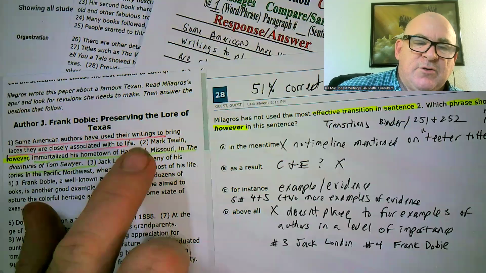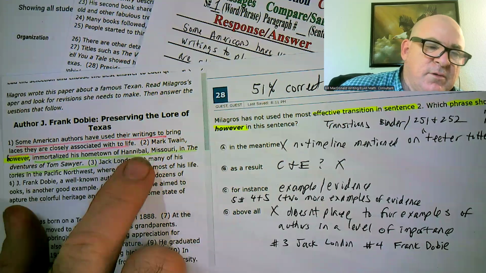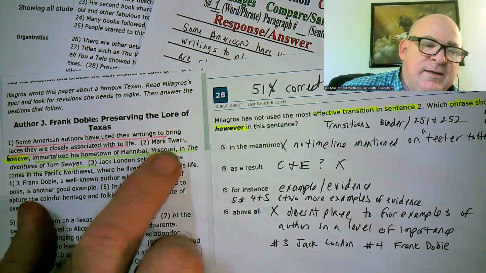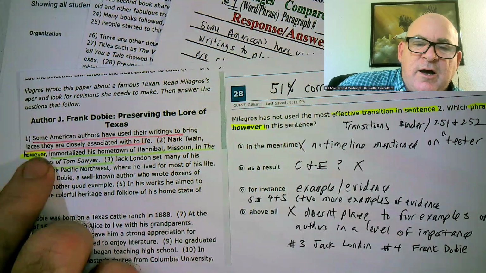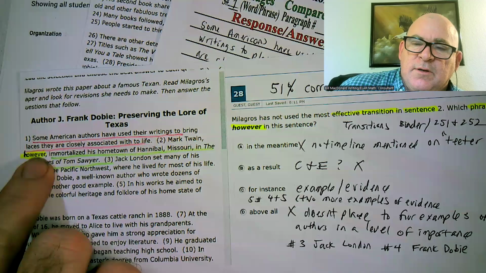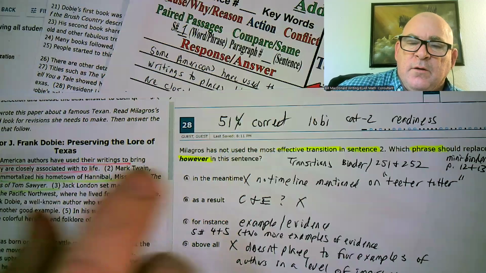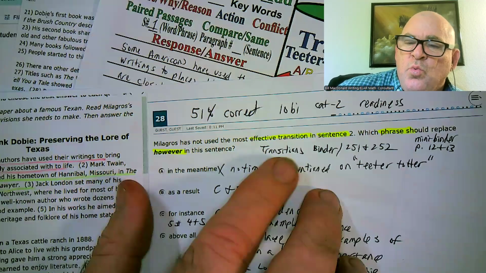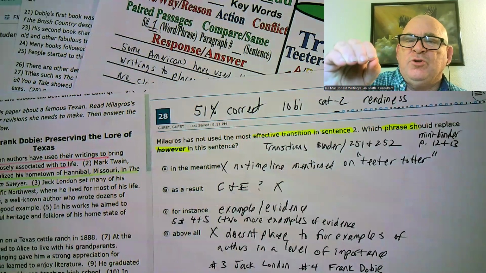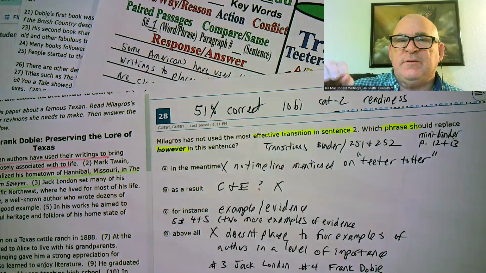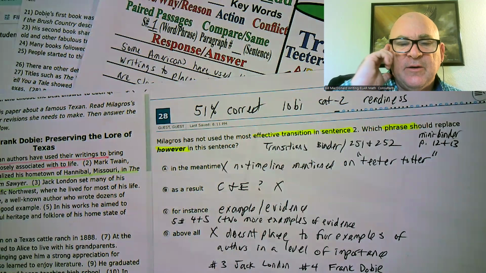So I highlighted sentence 2, at least the part that is being asked about. However, and it says which phrase should replace, however. So if you're going to replace something, it needs to be first removed. So remove red, replace green.